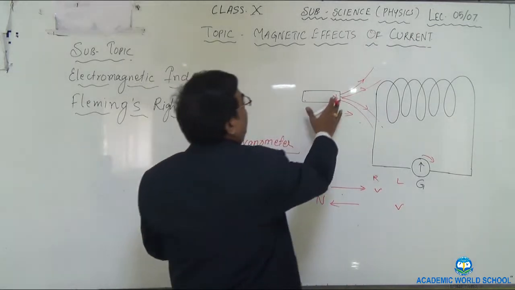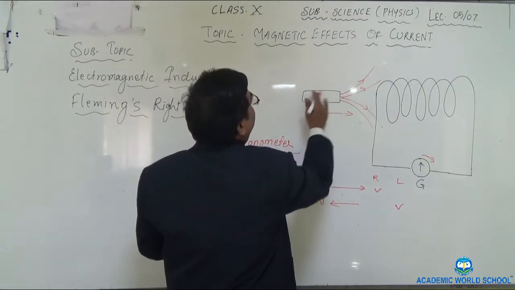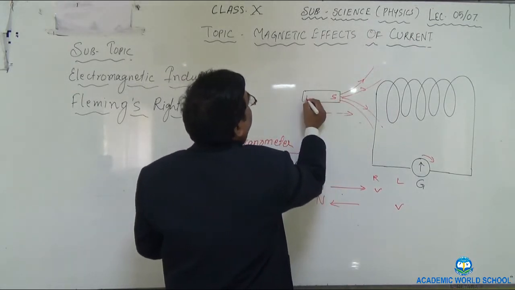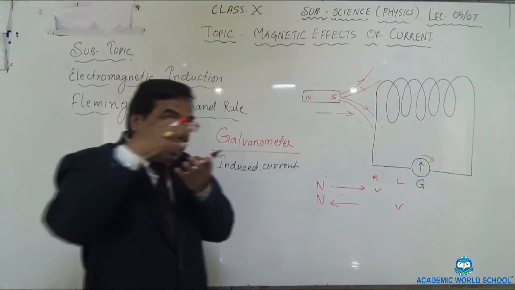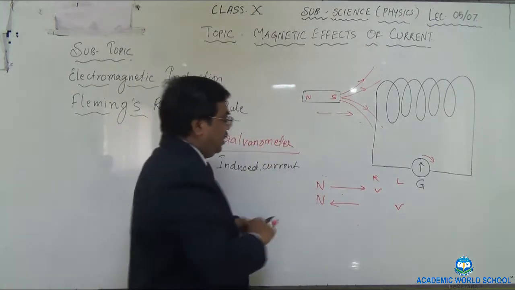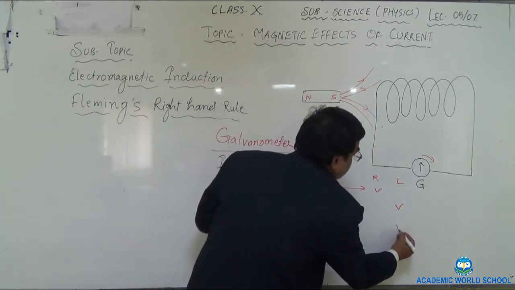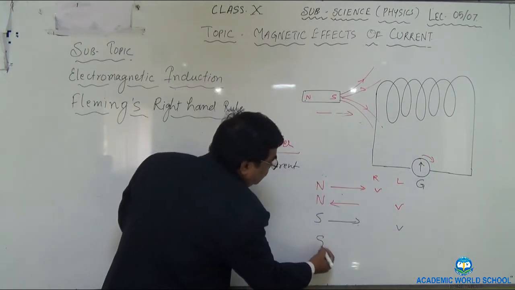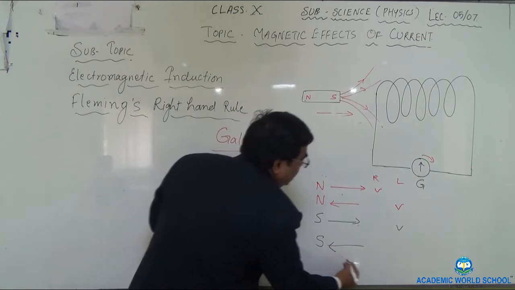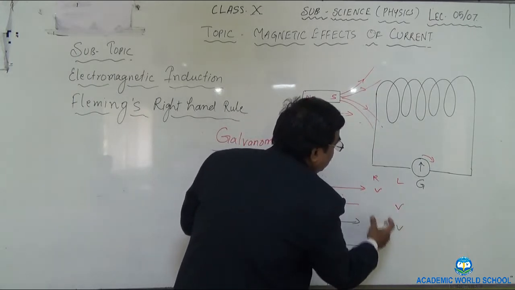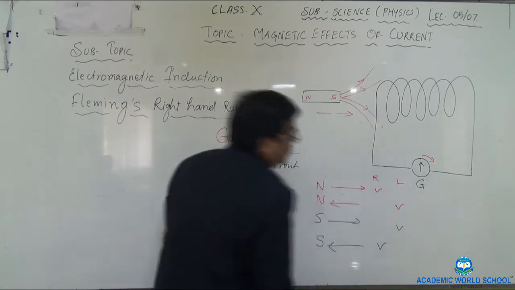Now you turn the side. This time you take the south pole on this side. When the south pole is approaching, it is just opposite to the north pole approaching. And when the south pole is receding, it is similar to the north pole approaching.